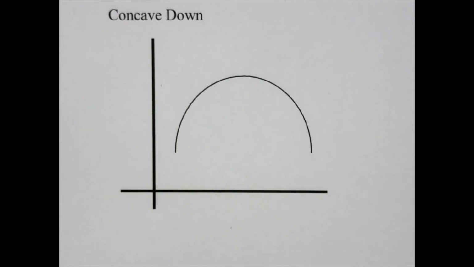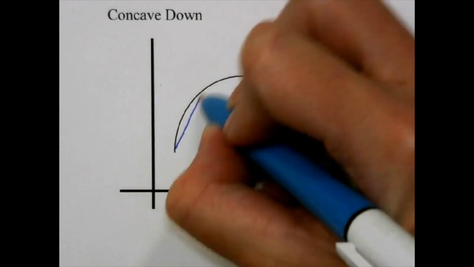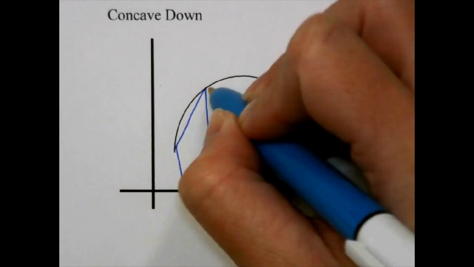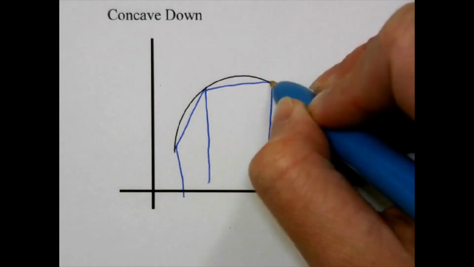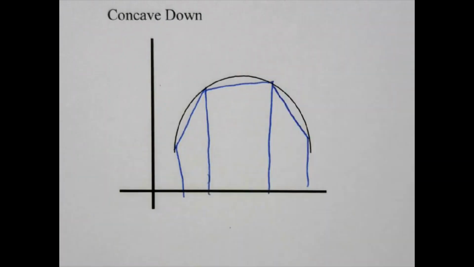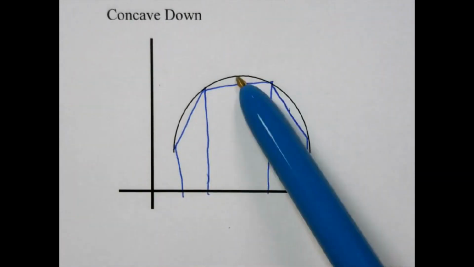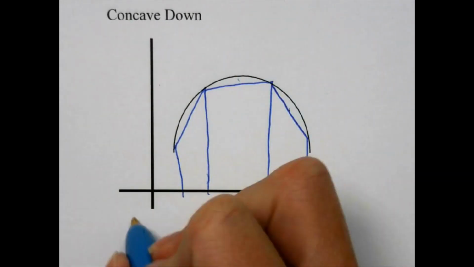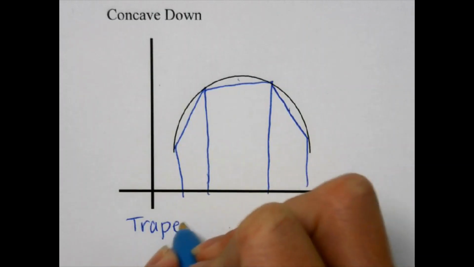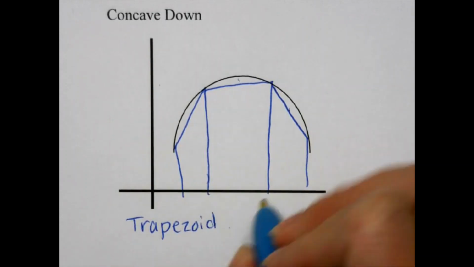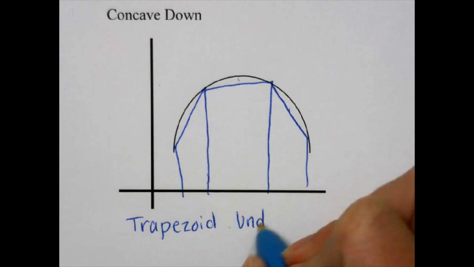Versus if our graph is concave down and I drew our trapezoids, and these are just rough approximations here, now we've got area unaccounted for. So the trapezoid rule will be an underestimate if it is concave down.